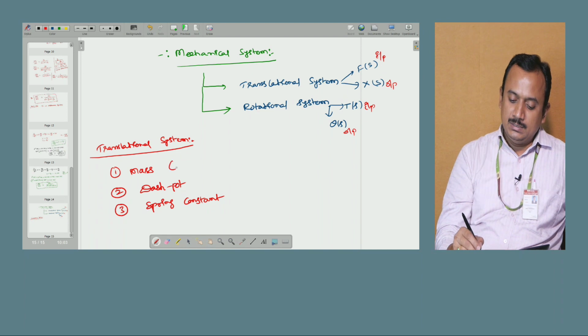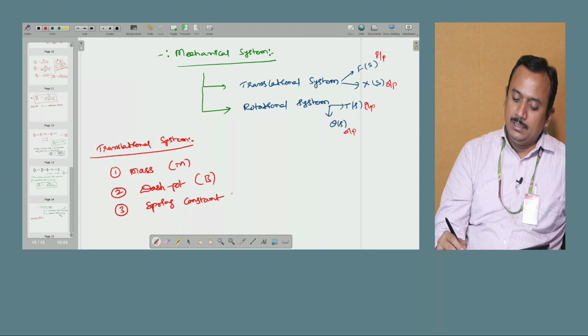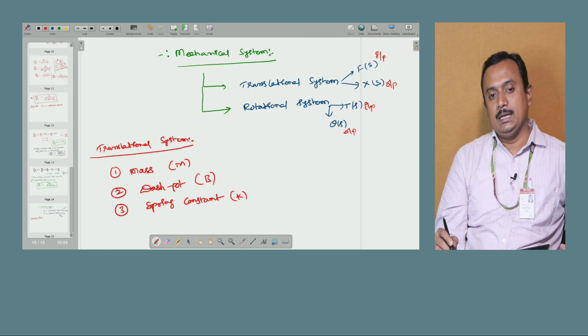Mass we will denote with a capital M, dashpot with B, and spring constant with the value K.